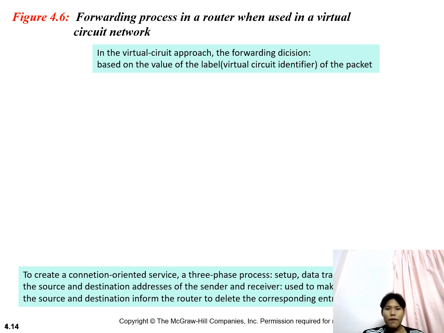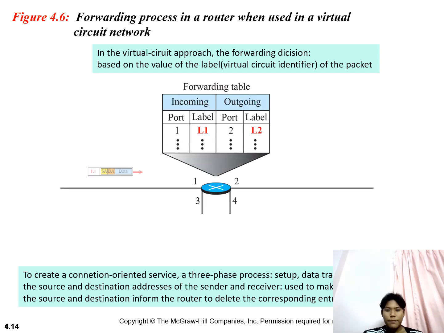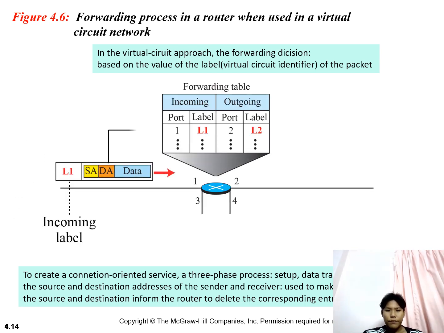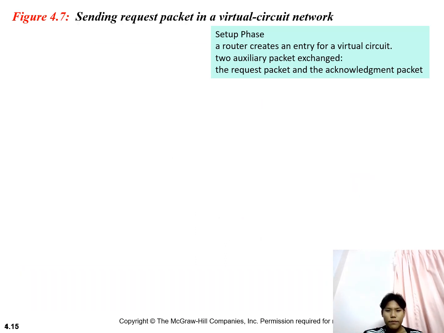Forwarding process in a router when used in a virtual circuit network. In the virtual circuit approach, the forwarding decision is based on the value of the label, or virtual circuit identifier, of the packet. Sending a request packet in a virtual circuit network.